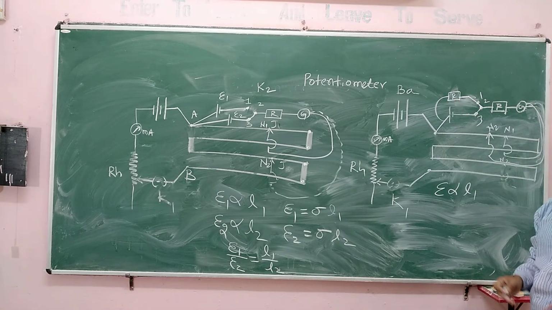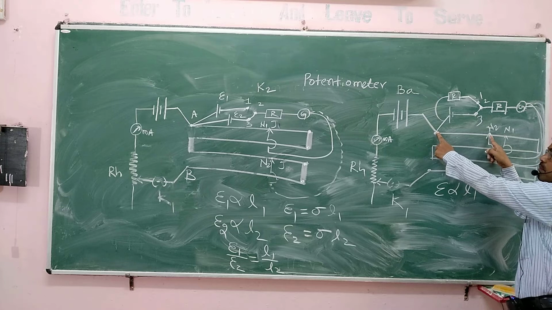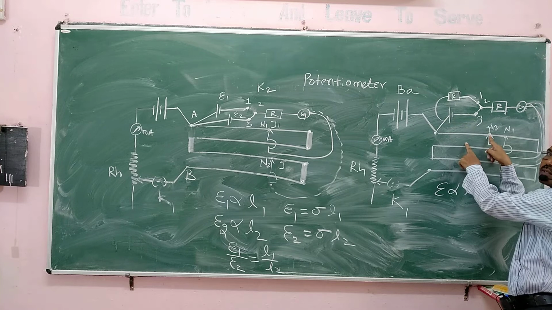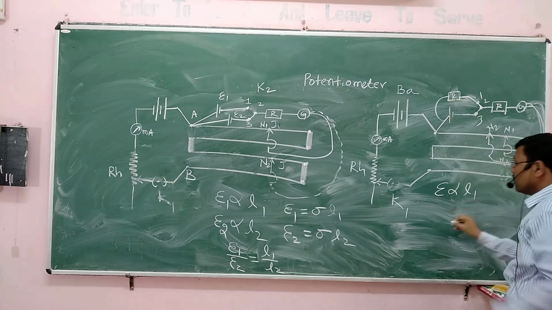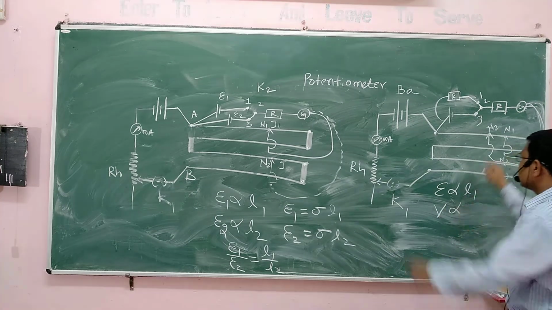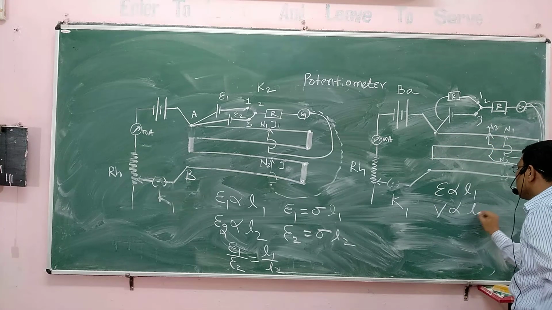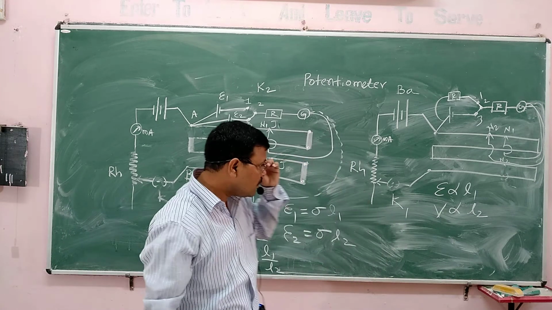So this time we won't get the EMF of the cell because the complete potential has not fallen here. Some part of it has fallen here also. Therefore, we get the potential difference. So the potential difference that has fallen between these two points is directly proportional to the balancing length L2.